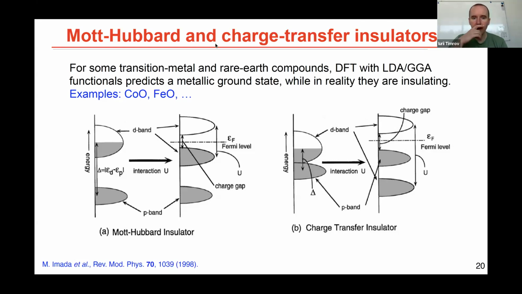Any other question? There is a question in the chat. The question is, can hybrid functionals treat localized electrons in transition metal oxides accurately enough that we do not need to use DFT plus U? The answer is yes. People can use hybrid functionals to describe the same problem.